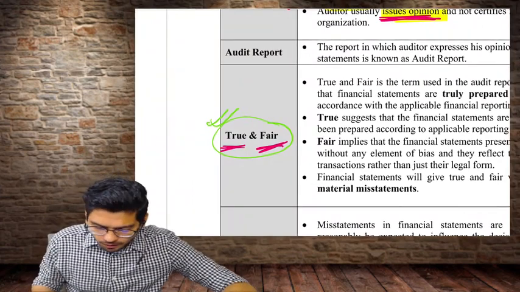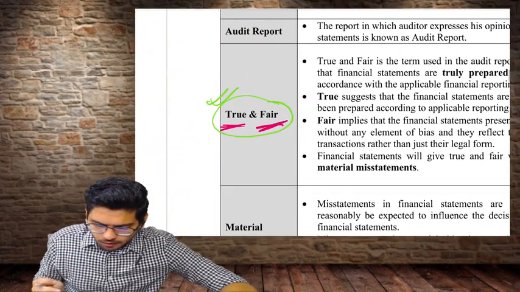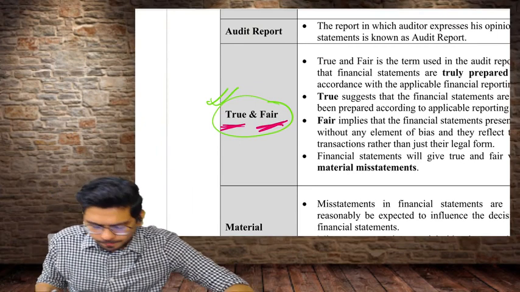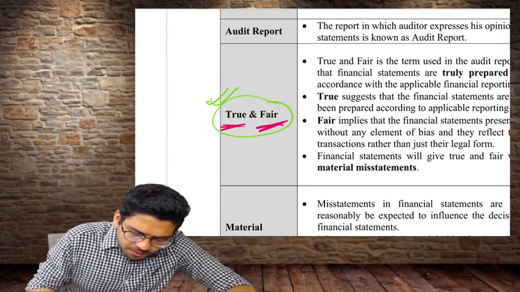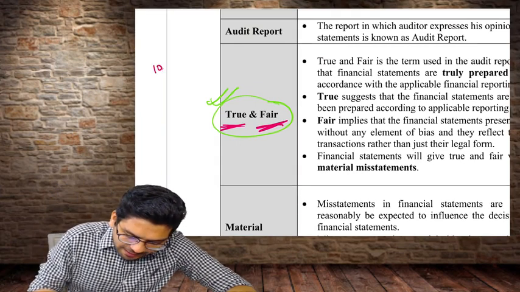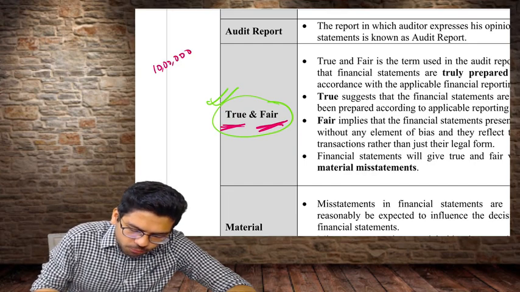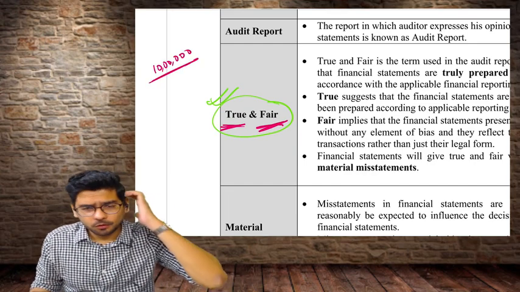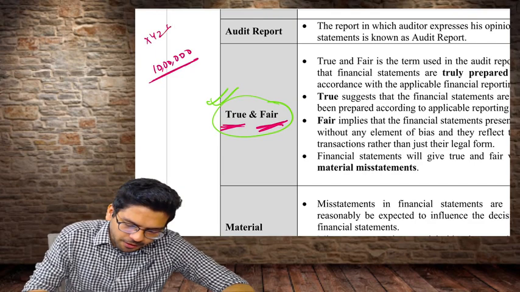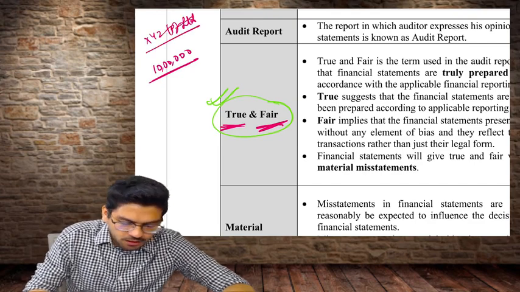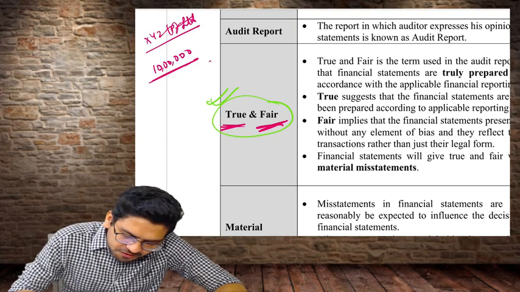Let's say there's this company, XYZ Private Limited, and they bought plant and machinery worth rupees 10 lakhs on 5th September, let's say.